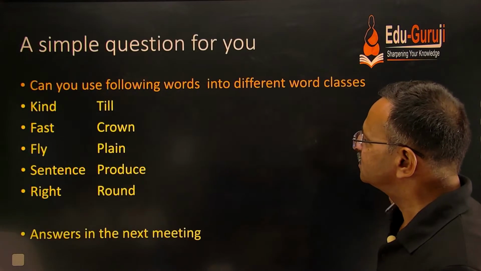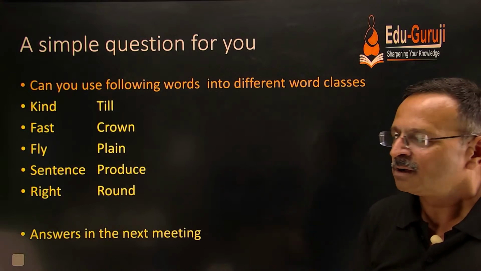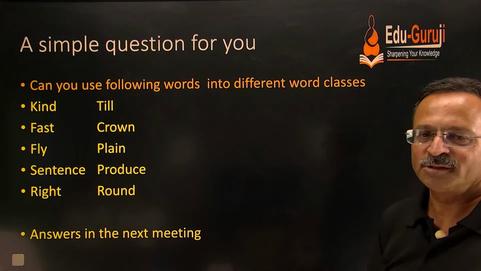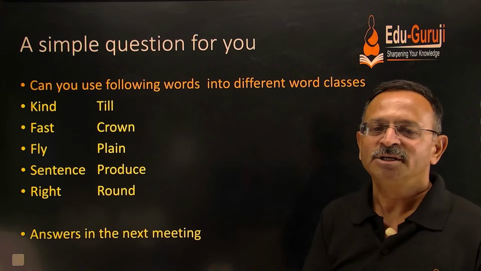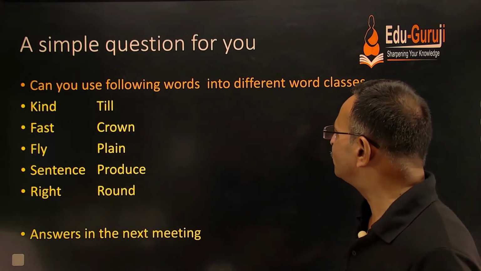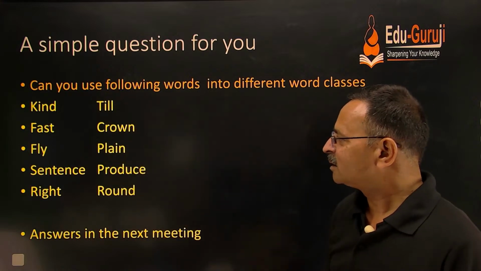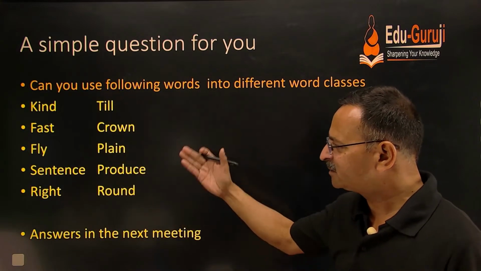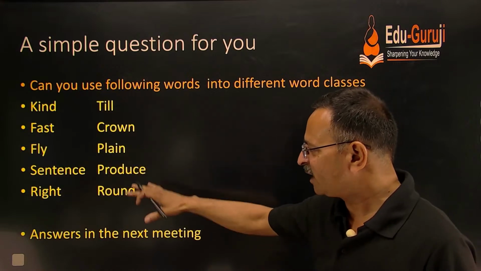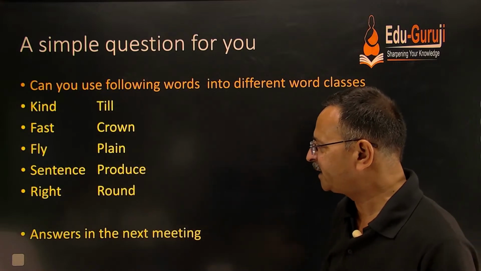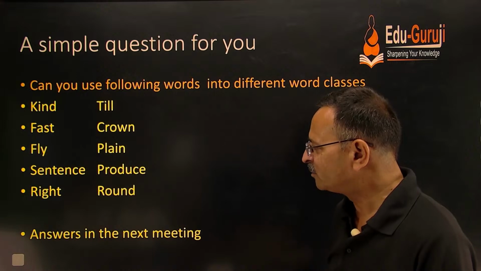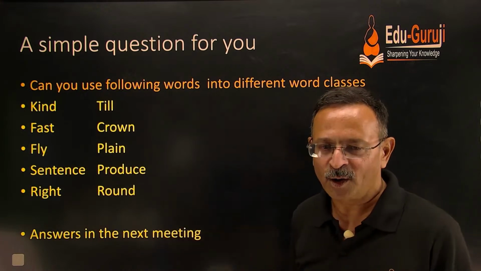So this is what I want you to do. These are simple questions for you. Can you use the following words in different word classes? The words are kind, fast, fly, sentence, right, till, crown, plain, produce, and round.